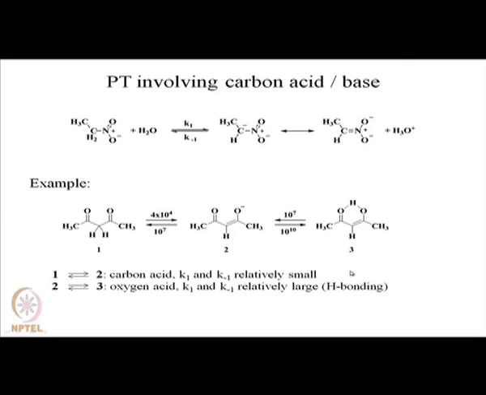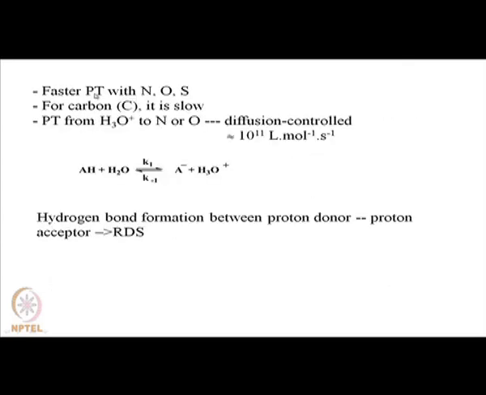Hydrogen bond makes the process faster compared to when there was no hydrogen bond. Here it is the proton transfer involving oxygen. So, it is an oxygen acid, this is a carbon acid. So, slow proton transfer here, and fast proton transfer there. As I told you, proton transfer for nitrogen, oxygen, sulfur is faster compared to carbon.